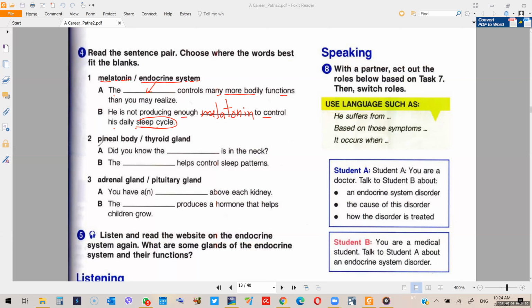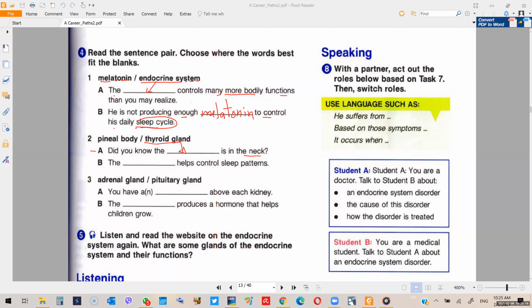Then we have pineal body and thyroid gland. Number 2, pineal body and thyroid gland. Number A, did you know the blank is in the neck? So the thyroid gland is number A. Did you know?